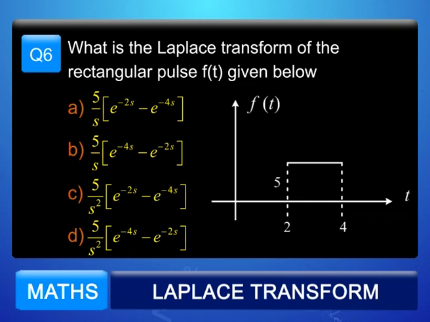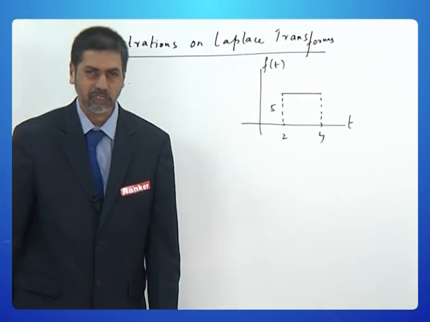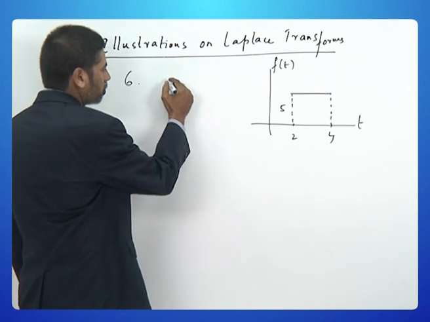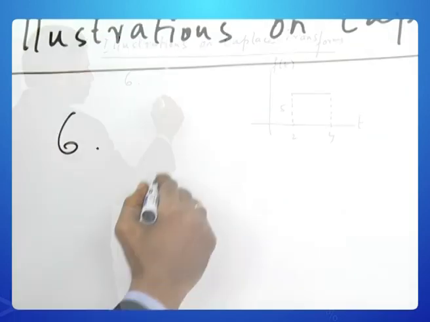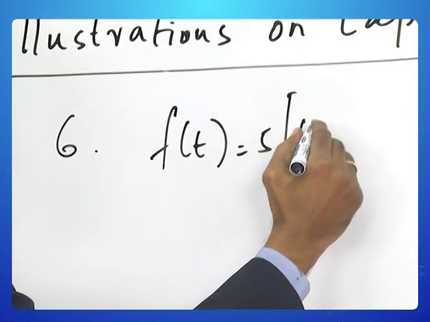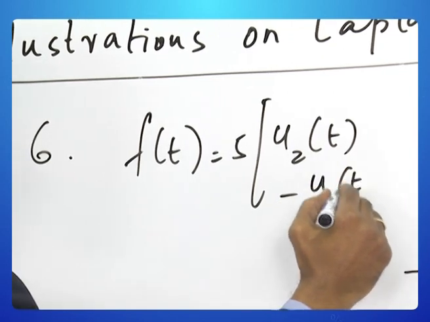You are given a signal, right? So we have already seen this example, but I would like to once again do it for you. So this f of t is 5 times u(t-2) minus u(t-4).